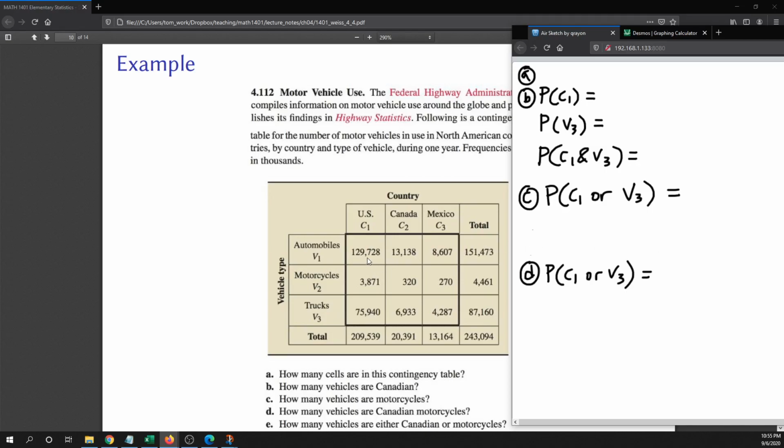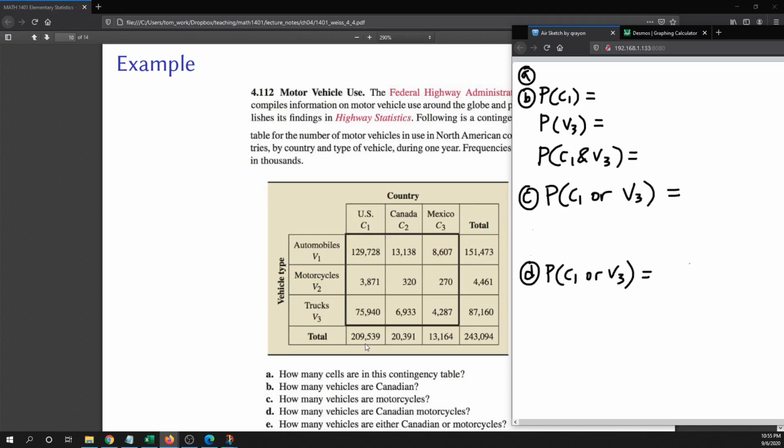Next up, we want the probability of C1. C1 is the probability that the vehicle chosen is from the U.S. So that's going to be this marginal probability. We would take all of the vehicles that were in the U.S., all the way back up here.